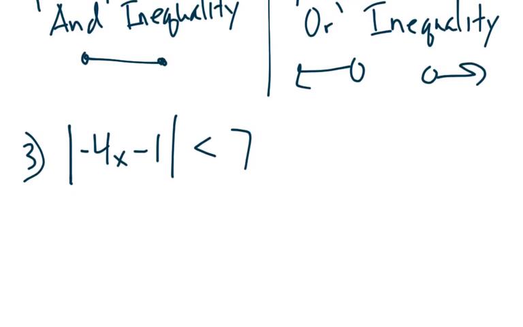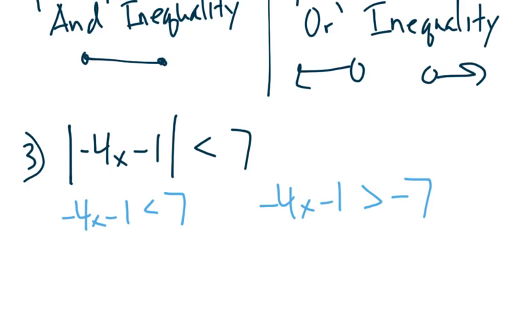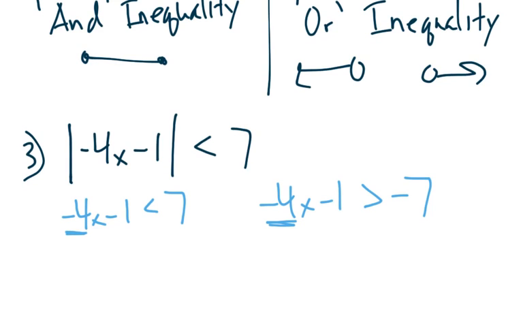Okay, so I rewrite my two inequalities. I will get negative 4x minus 1 is less than 7. Negative 4x minus 1 is greater than negative 7. But notice how I have negative 4's here. Eventually, I'm going to have to flip the inequality all over again. So that is a possibility, just to throw that out there.